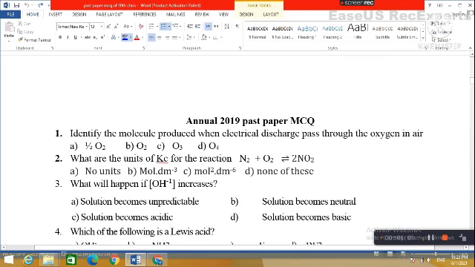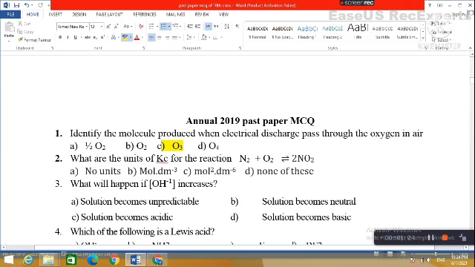The correct answer is option C, O3. Ozone molecules are produced during the electrical discharge in the air.